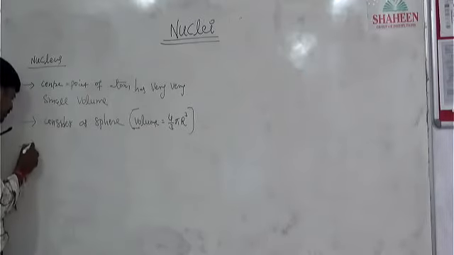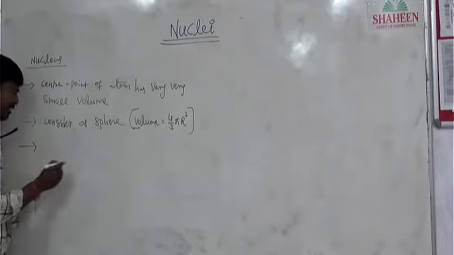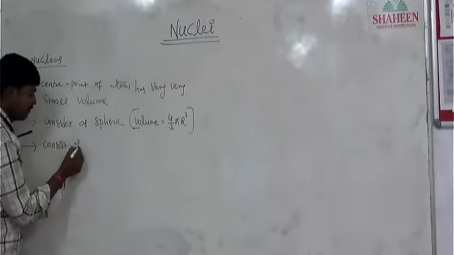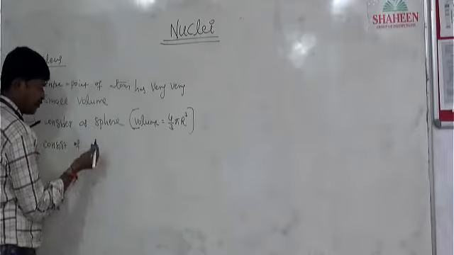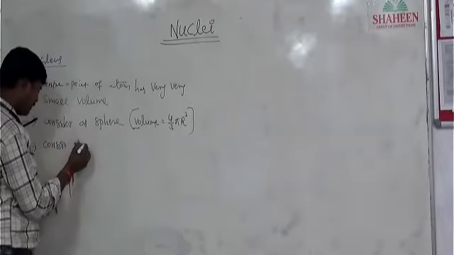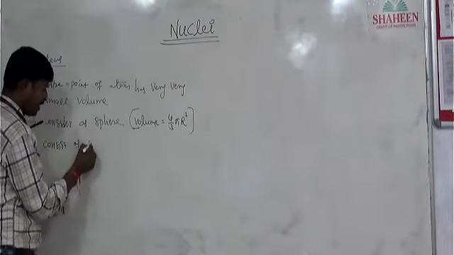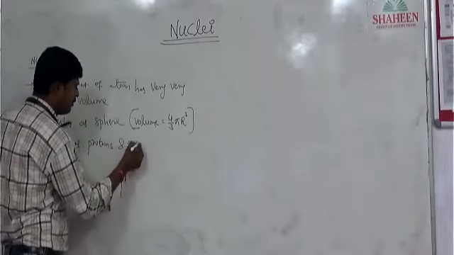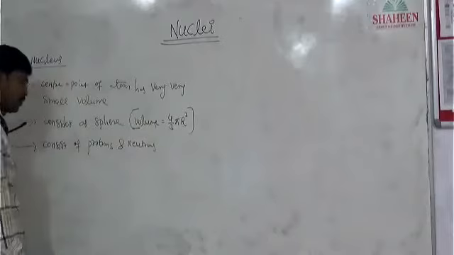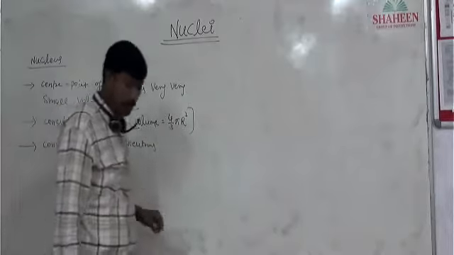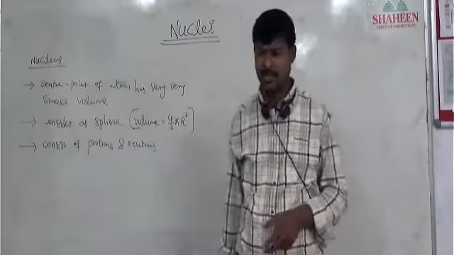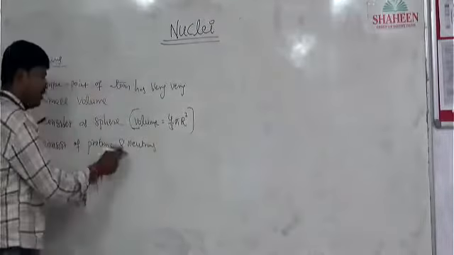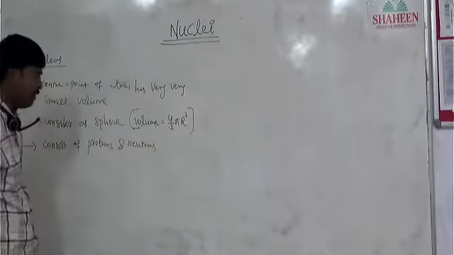Now this nucleus consists of two types of particles, protons and neutrons. Nucleus consists of two types of particles named protons and neutrons.